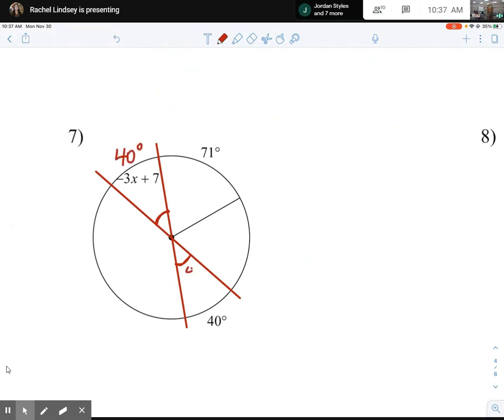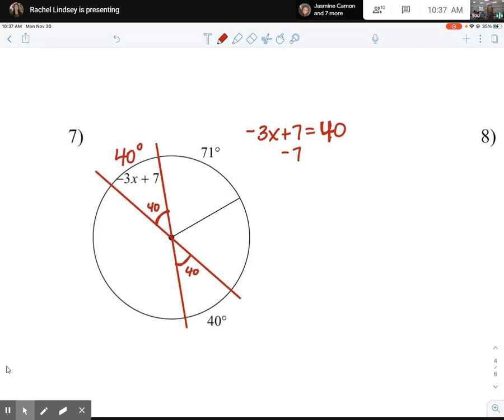So I'm going to have negative 3x plus 7 equals 40.